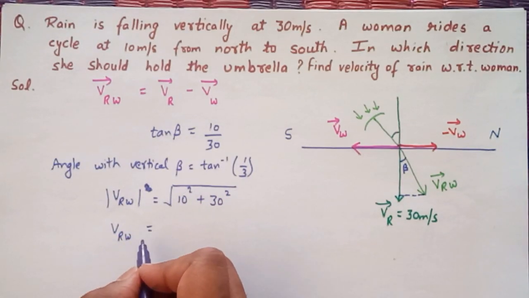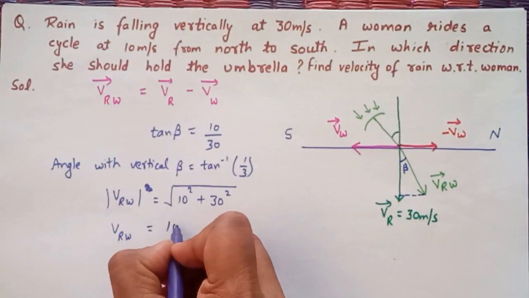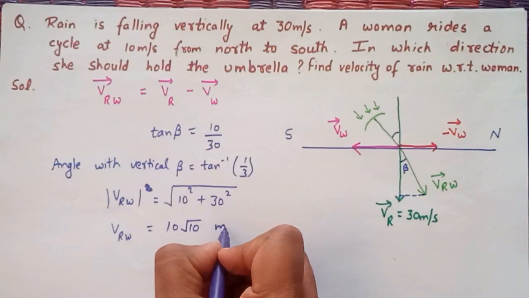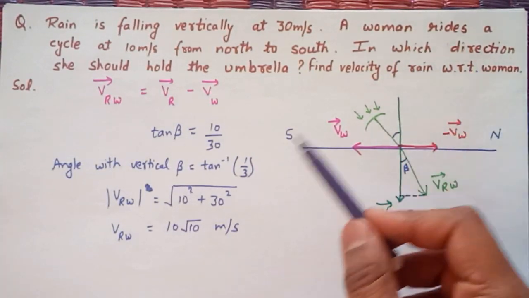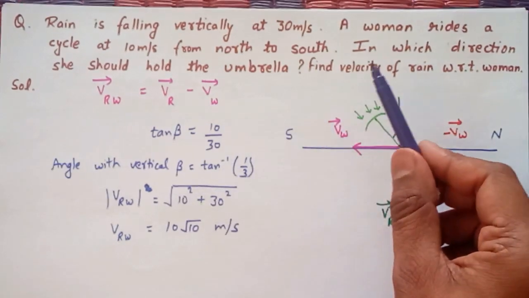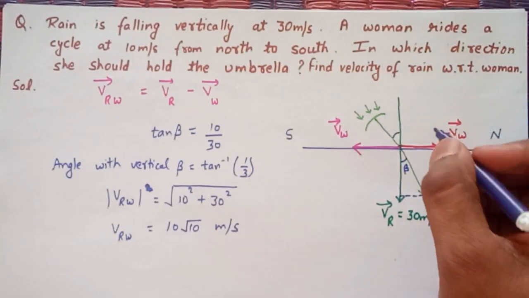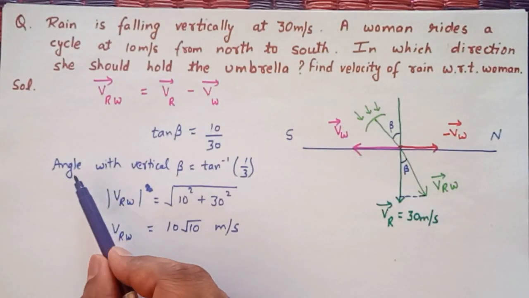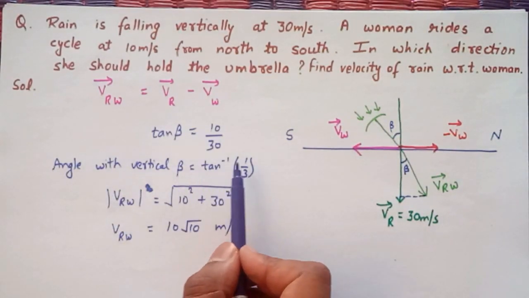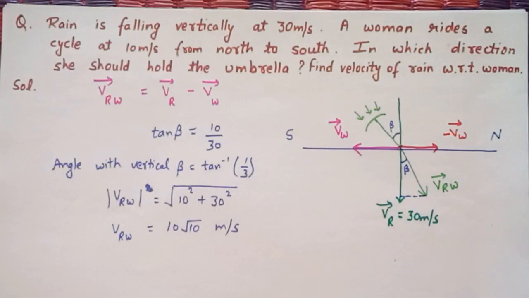Hence velocity of rain with respect to woman will be 10 root 10 meter per second. So the question was asking for velocity of rain with respect to woman, which is this one, and also in which direction she should hold her umbrella. So she should hold her umbrella at angle tan inverse 1 by 3 with the vertical.